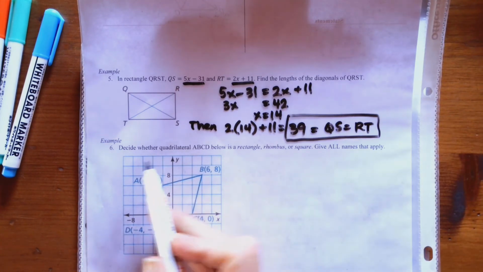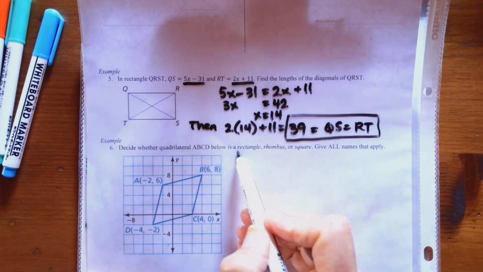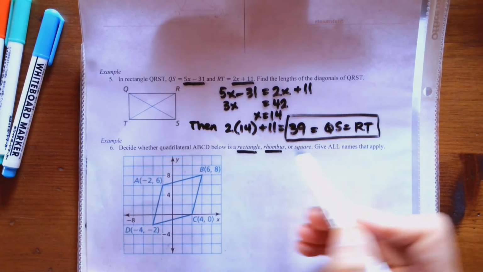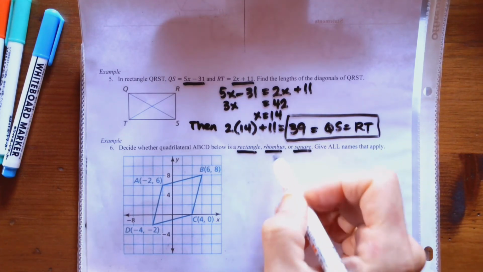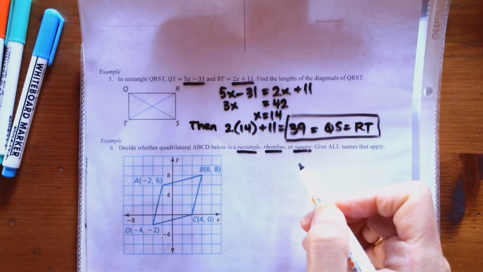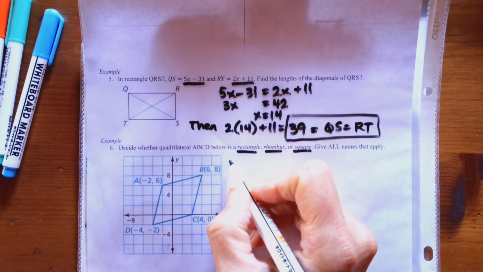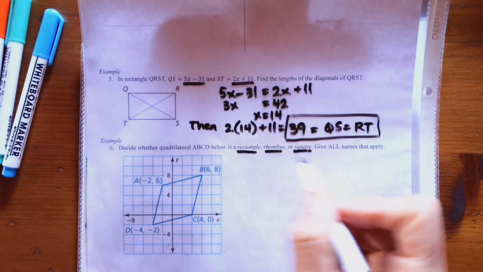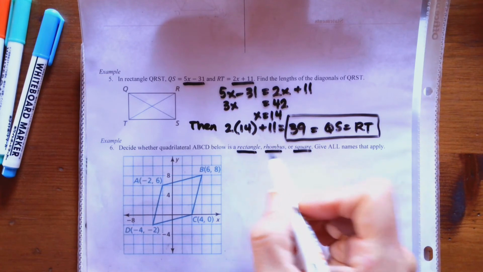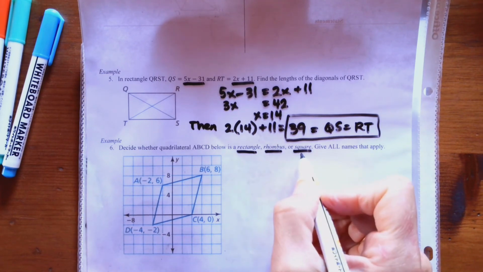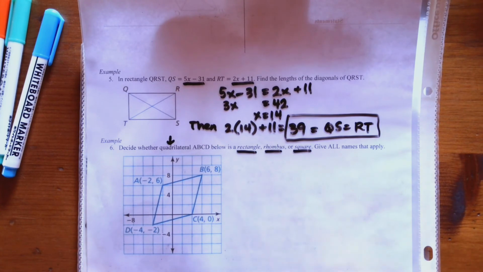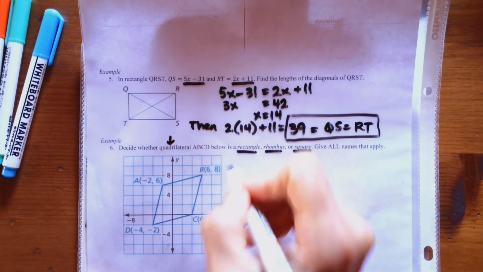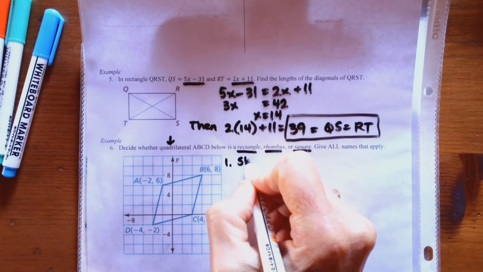So for right now, if you want to know whether it's a rectangle, a rhombus, or a square, okay, first you just look at the definition. So if you want to find that it's any one of these, all 3 of these are special parallelograms. Note, you are not given that it's a parallelogram. So the first thing you have to do is you have to show it's a parallelogram.